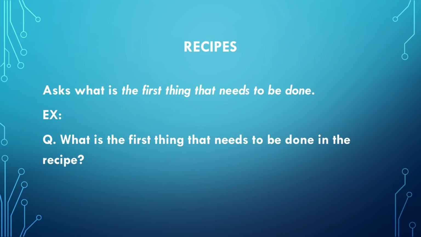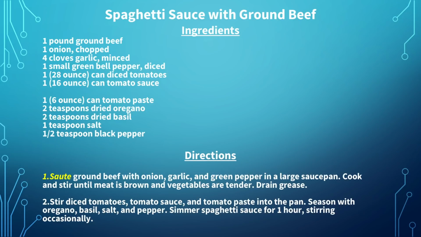So let's look at the first type. The first type asks, what is the first thing that needs to be done? So for example, what is the first thing that needs to be done in the recipe? Okay, so here's a recipe, spaghetti sauce with ground beef. You see ingredients listed and you see directions listed.